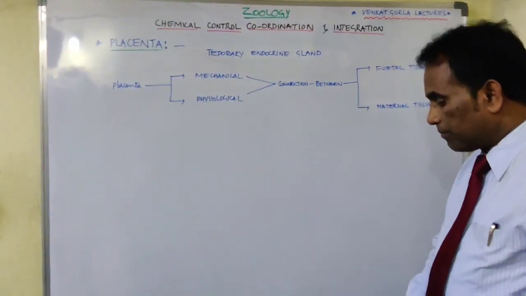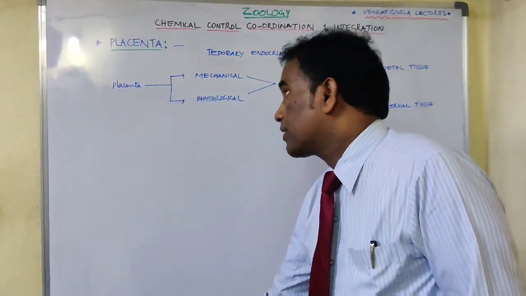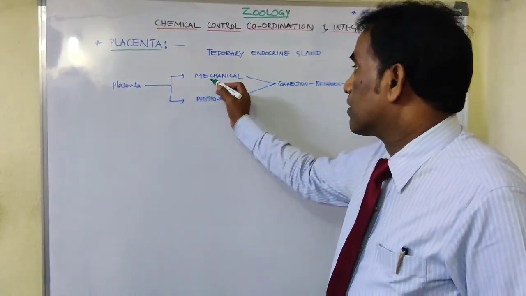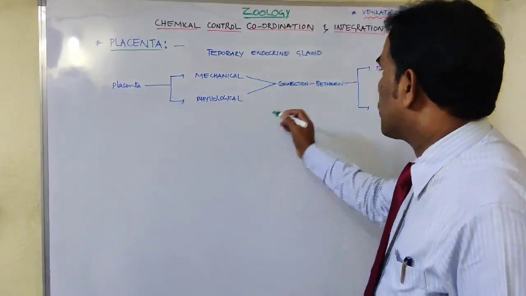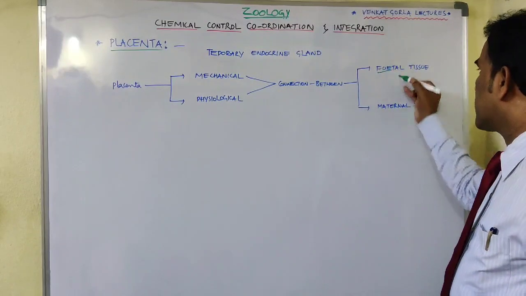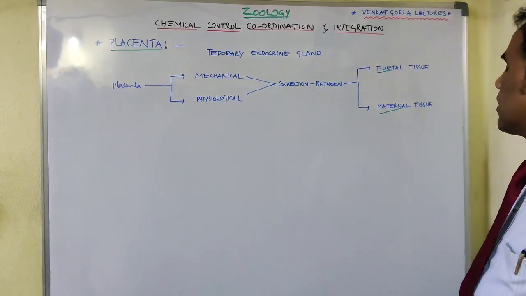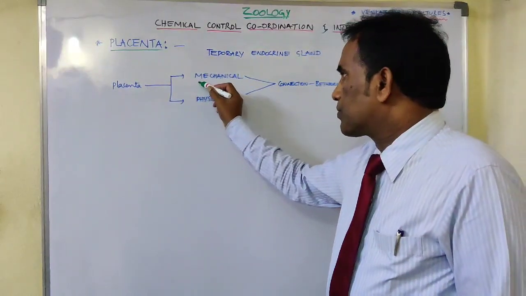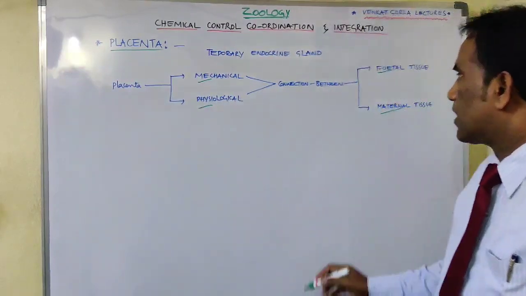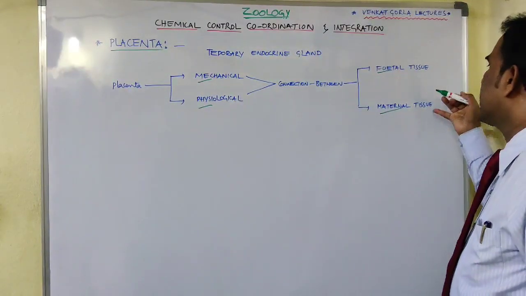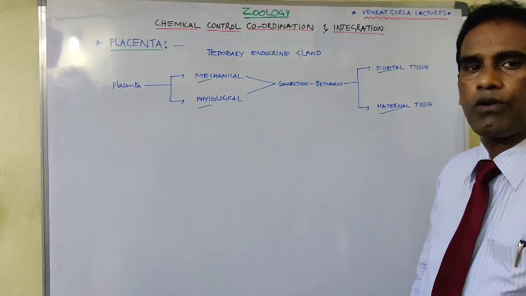So placenta is a mechanical and physiological connection between the fetal and maternal tissue. So the mechanical and physiological connection between fetal and maternal tissue is called placenta.